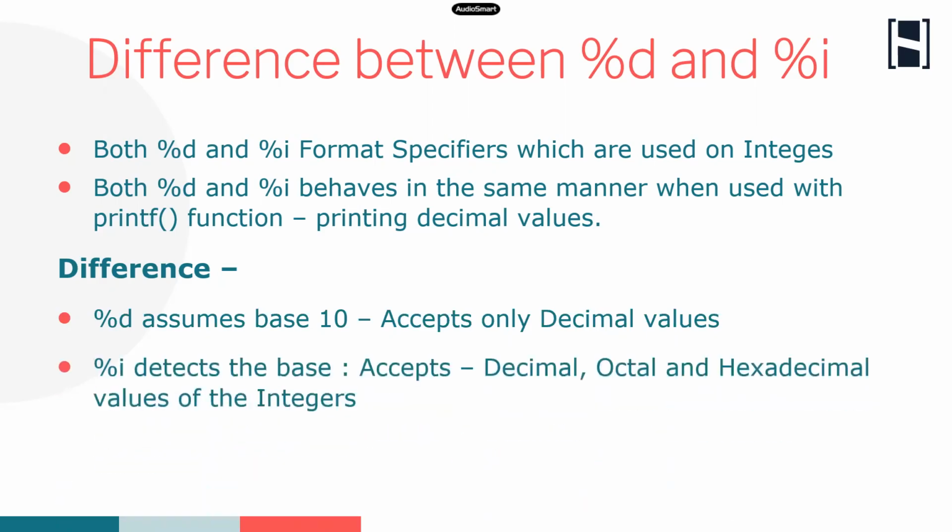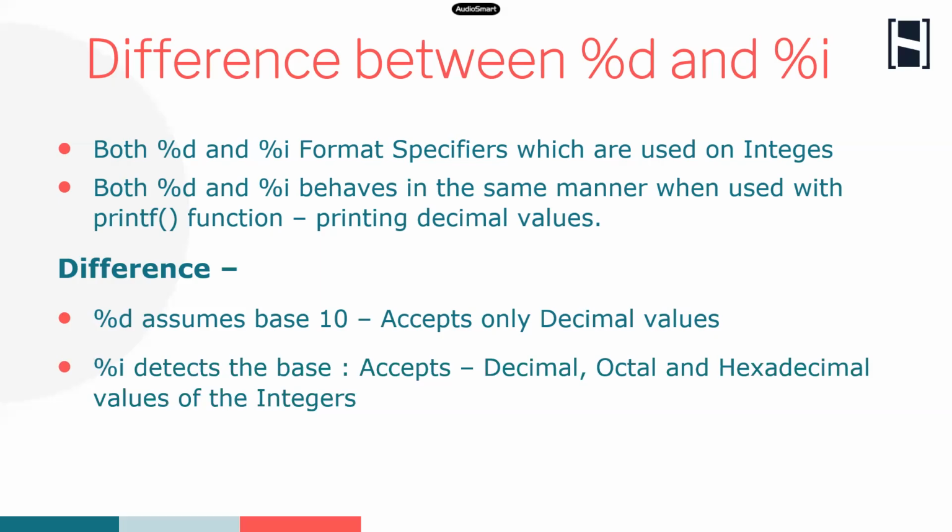But percentage i detects the base. What do you mean by detects the base? It will check, okay, what is the given prefix? Does it have any prefix or not? According to that, it will detect: if the prefix is 0, yes, this is an octal number. If the prefix is 0x, yes, it is a hexadecimal number. If there is no prefix, then yes, it is a decimal number.